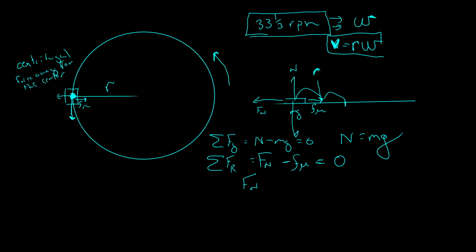So F_N needs to equal F_mu. And the frictional force is supplying the turning force. This is what's turning it. So that is the inertial component. And if we think back to our previous example with the banked turn, that's going to be supplying mv squared over r.